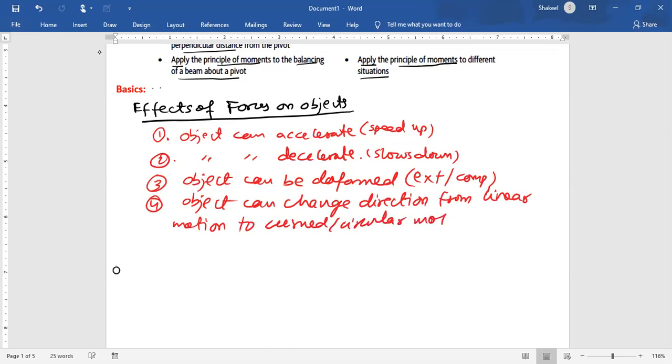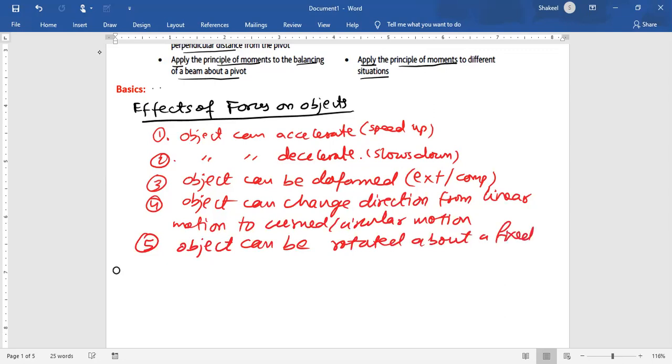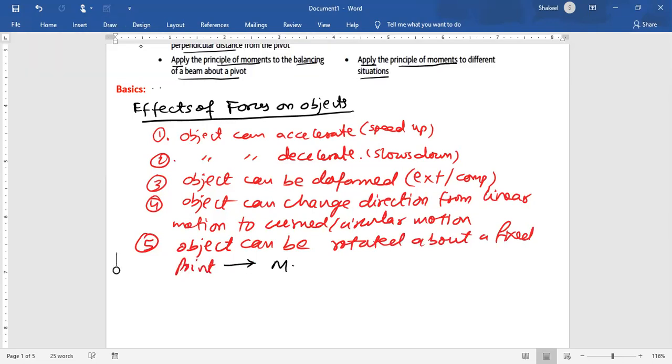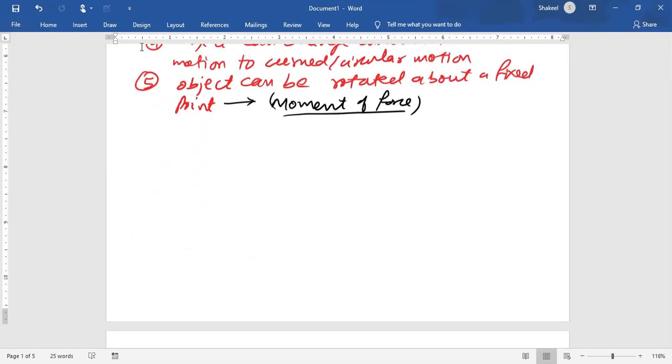But the fifth one is that the object can be rotated about a fixed point. And this fifth one is actually known as moment of force. The turning effect produced by a force about a fixed point is known as moment of force.